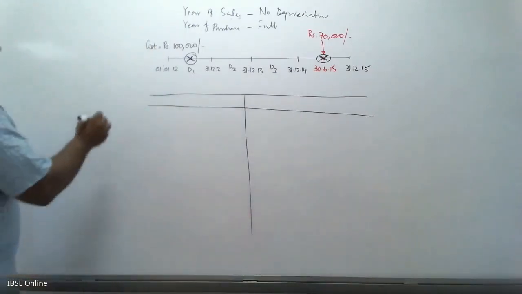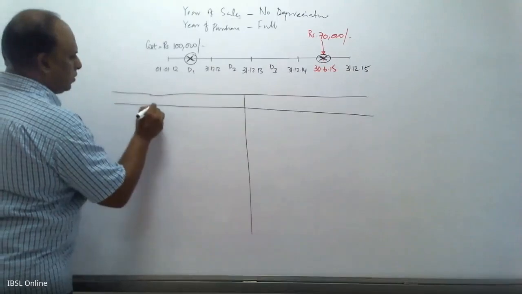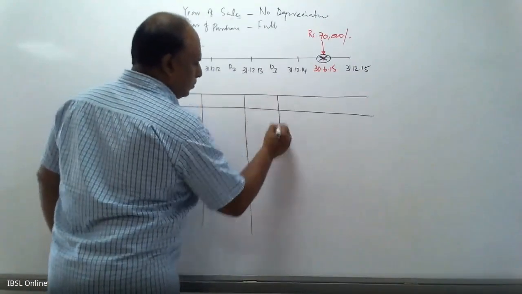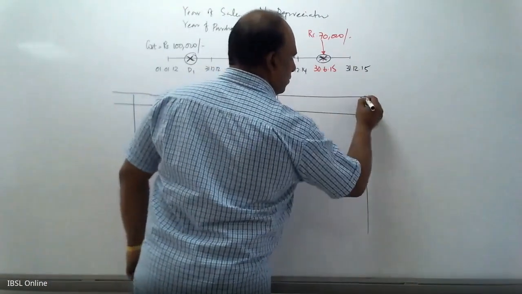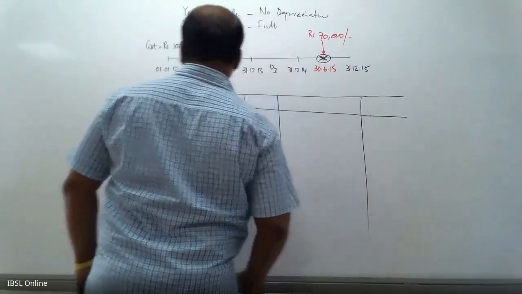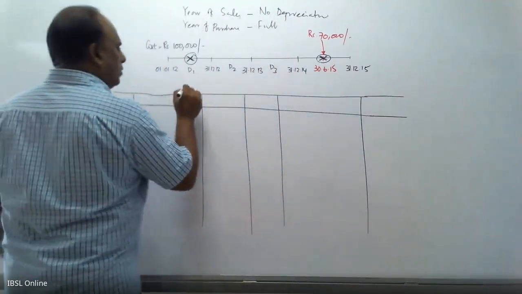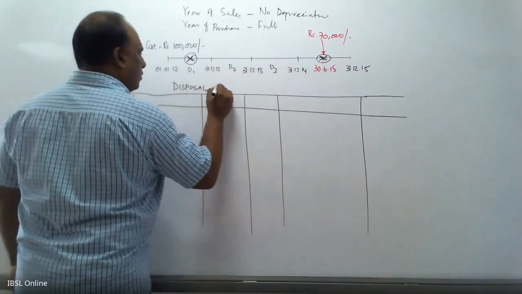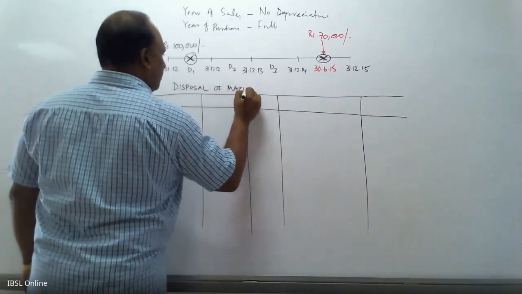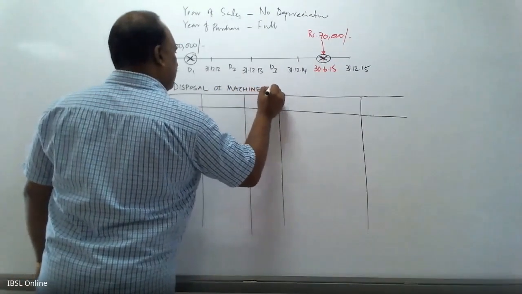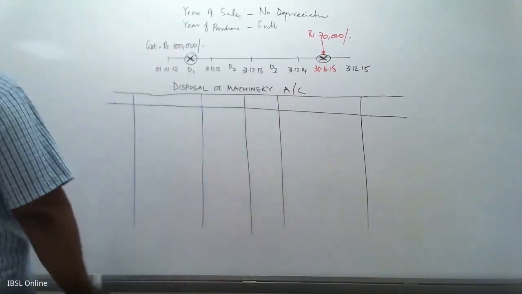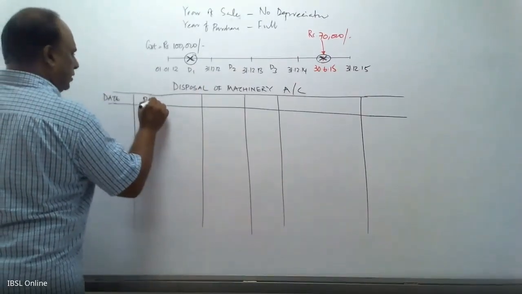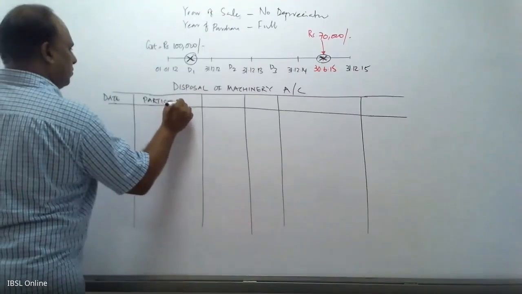What are the things that you need to include? So this is the disposal of machinery account, and here you will have the date, particulars, and the amount.